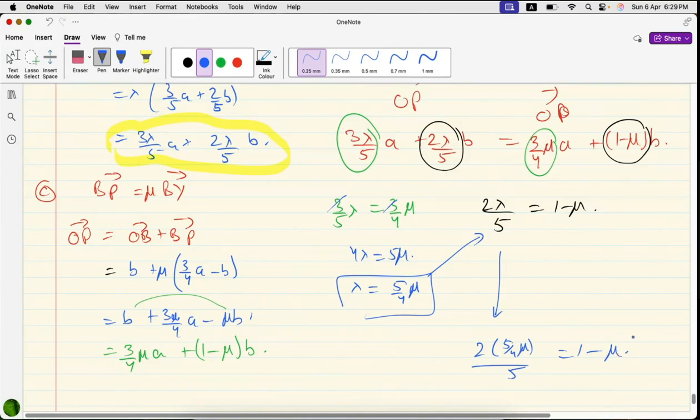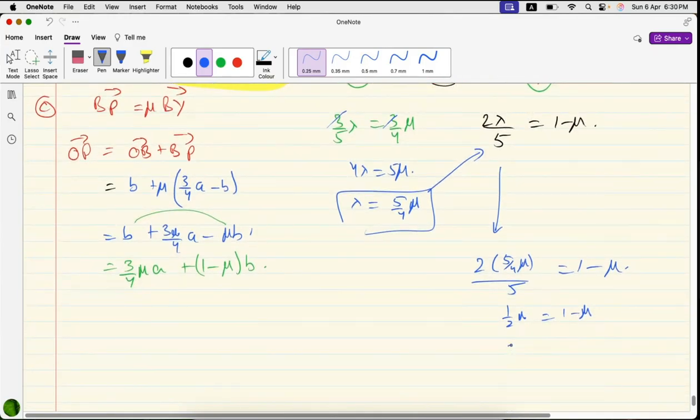So 2 into 5 divided by 4 is 5 by 2, divided by 5 is 1 by 2. This is 1 by 2 mu is equal to 1 minus mu. This comes on this side, it makes it 3 by 2 mu equals 1. So mu is equal to 2 by 3.